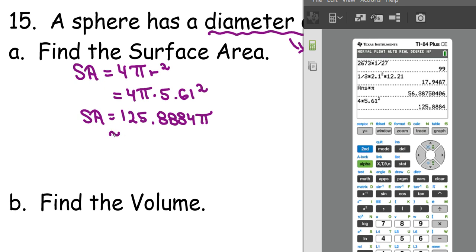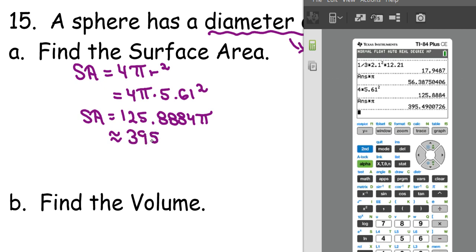If I multiply my 125.8884 by pi and round to 1 decimal place, I get 395.5, and this is all going to be labeled in square feet.